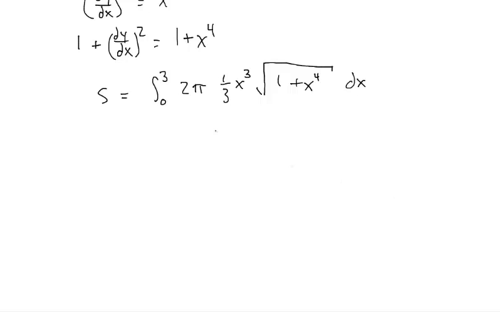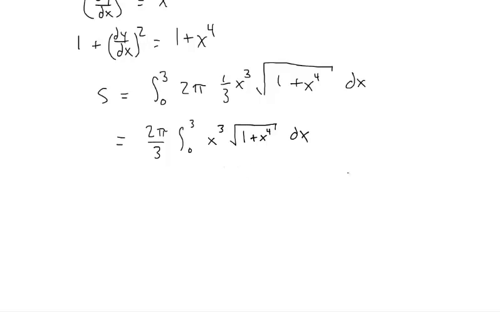And now I want to simplify this. The first thing I'm going to do is take all my constants and move them out front. So I have 2 pi times 1/3, so I'm going to say that I have 2 pi over 3 times the integral from 0 to 3 of x cubed times the square root of 1 plus x to the fourth dx.